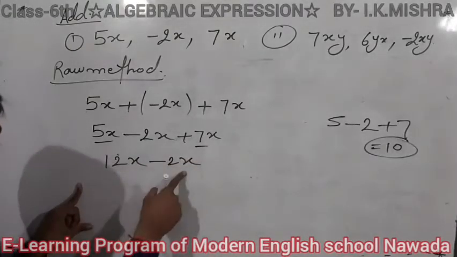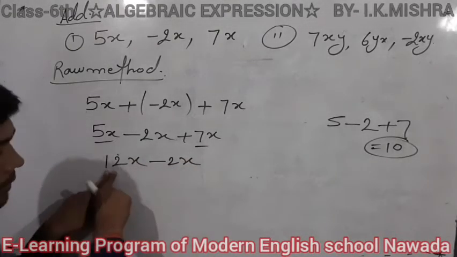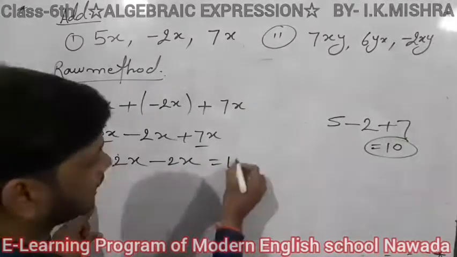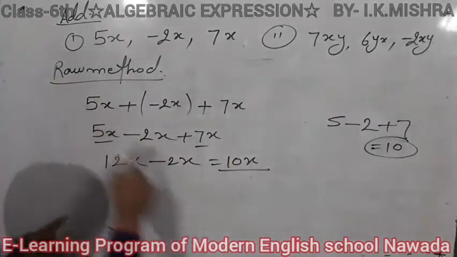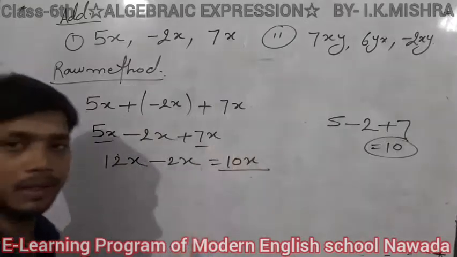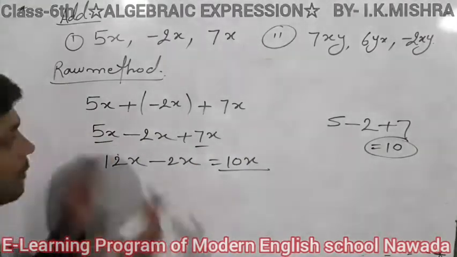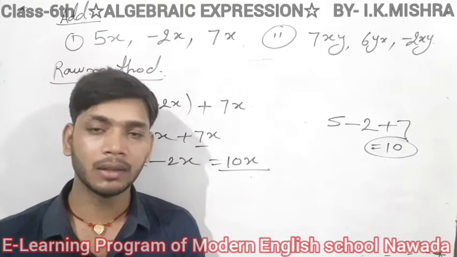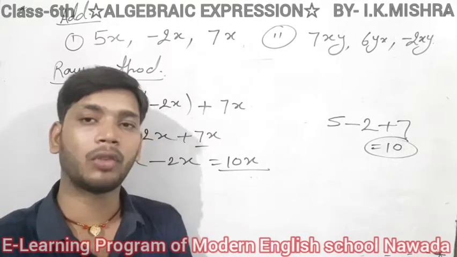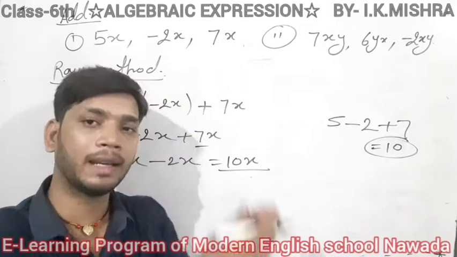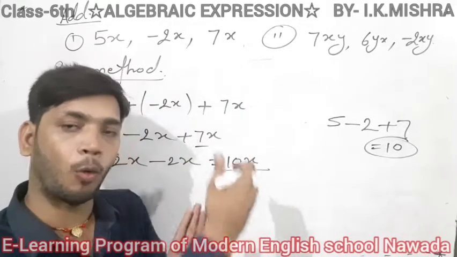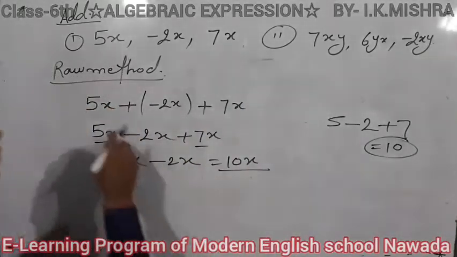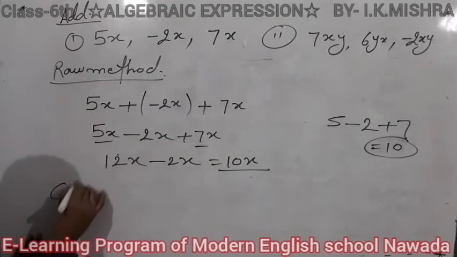And then students, here subtract 12 minus 2, that means 10x. That means its answer is 10x. And this method is known as the row method. Suppose students, you have to add it by the column method. That means first of all write all the expressions in a column, that means one below the other. Suppose here column method.